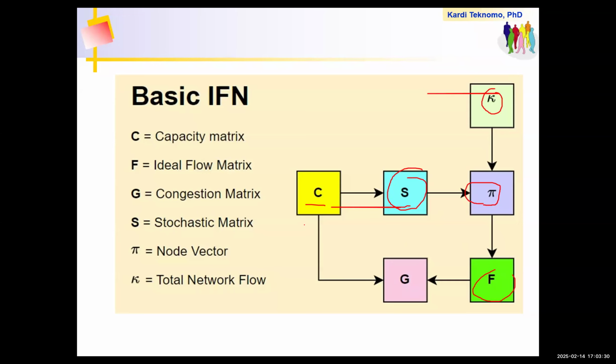Because you know the flow and the capacity, you can get the congestion; G is the congestion level. These are the basic ideas of IFN, regardless of your application in different methods. Sometimes you don't have the congestion matrix; you only get until the IFN itself, or until the node vector, and that's okay.